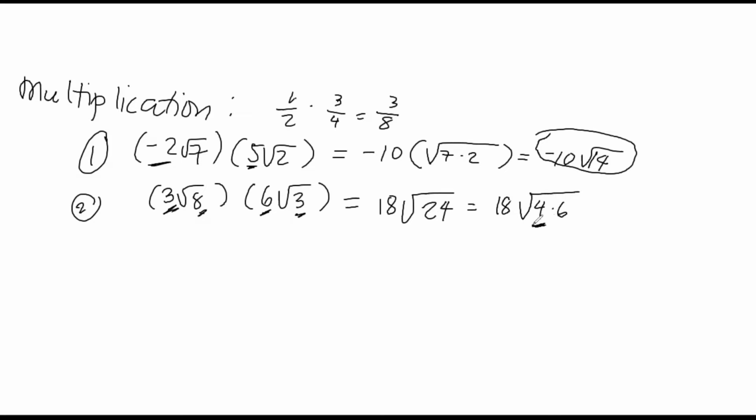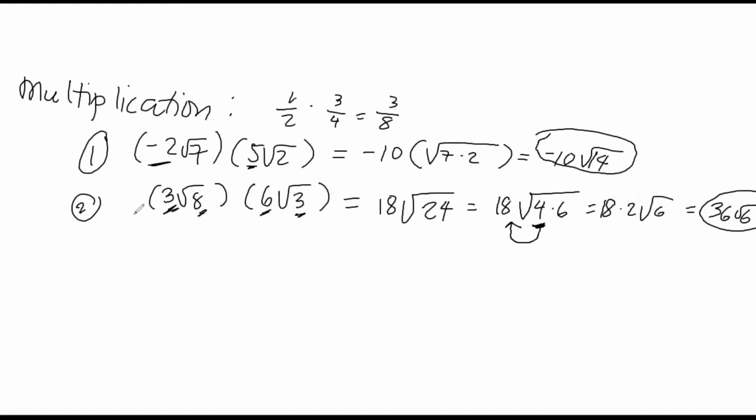And this 4 inside the radical sign is a perfect square. So you can extract it, and this becomes 18 times 2 square root of 6. The final answer will be 36 root of 6.